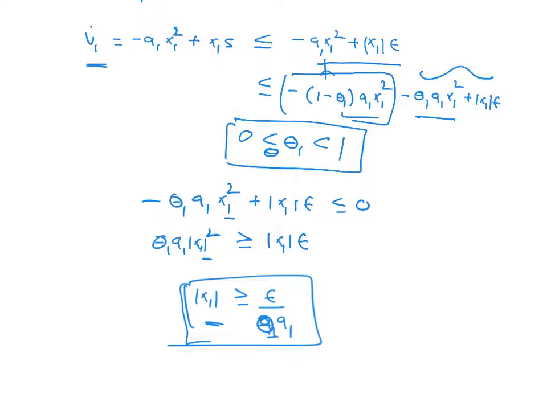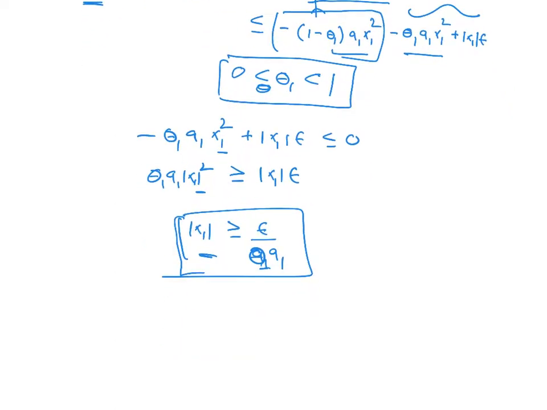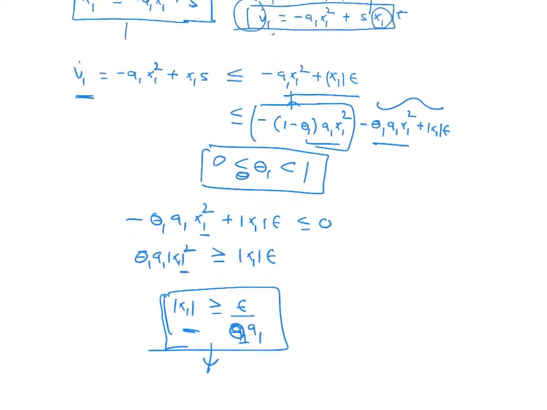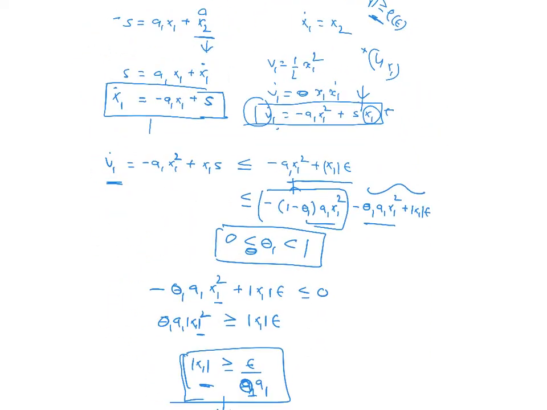So in fact, from this you can find a bound and actually show the trajectory of your x1. So what does that mean from this picture's perspective? Let's draw again.